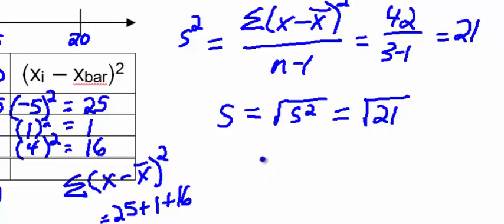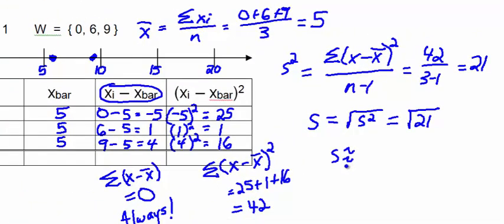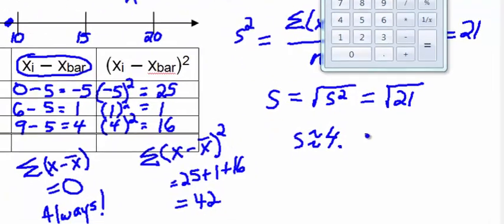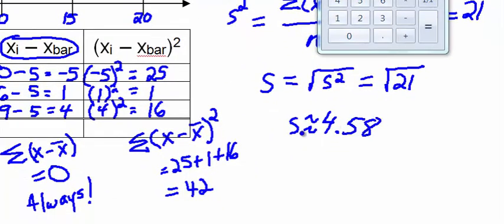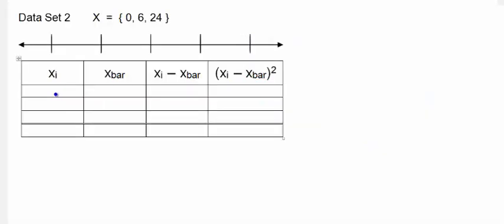Now if we round this to 2 decimal places, we would say that the standard deviation for this data set is the square root of 21, which is approximately 4.58. Now what this number tells us is the average deviation away from the center, the mean, is about 4.58.